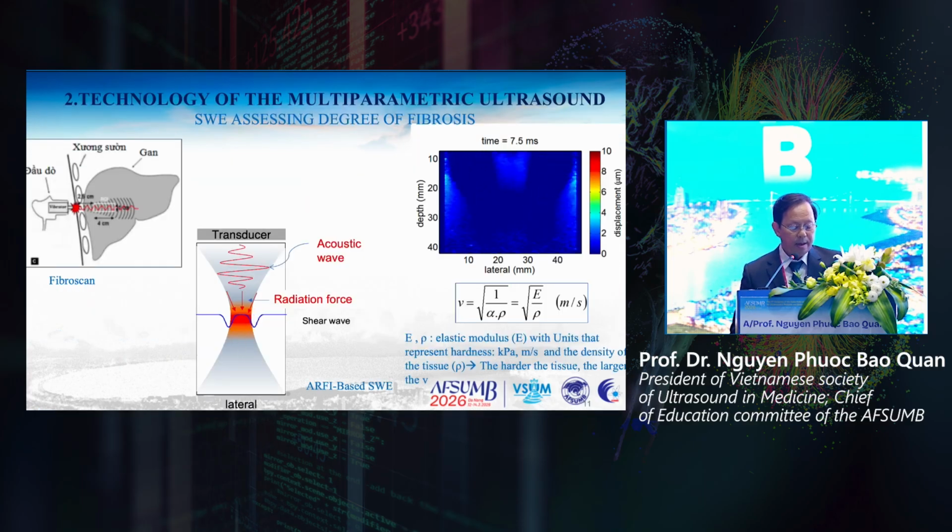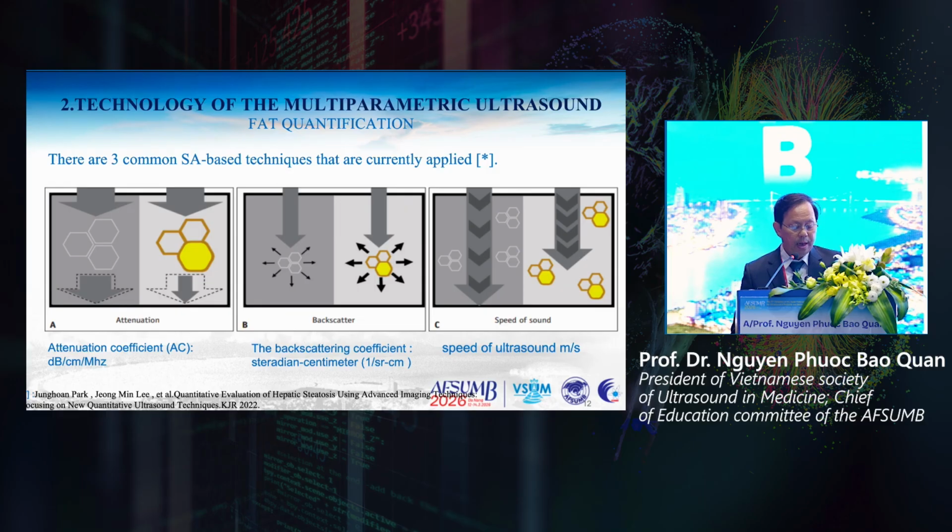I will talk about the branches, starting with elastography. In this slide you can see the elastography branch. We have a technique to follow the shear wave propagation in the liver, so we can measure the elasticity of the liver. Now this slide shows how to quantify the fat in the liver.